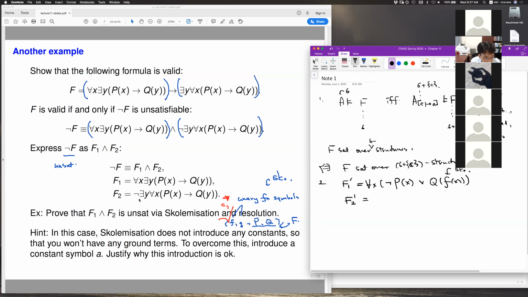For F2 prime, I push the negation all the way in, so this existential quantification becomes universal, and the universal becomes existential. So then we have for all y. Now, if I Skolemize the second existentially quantified x, then I end up with P of g of y, or Q of y.